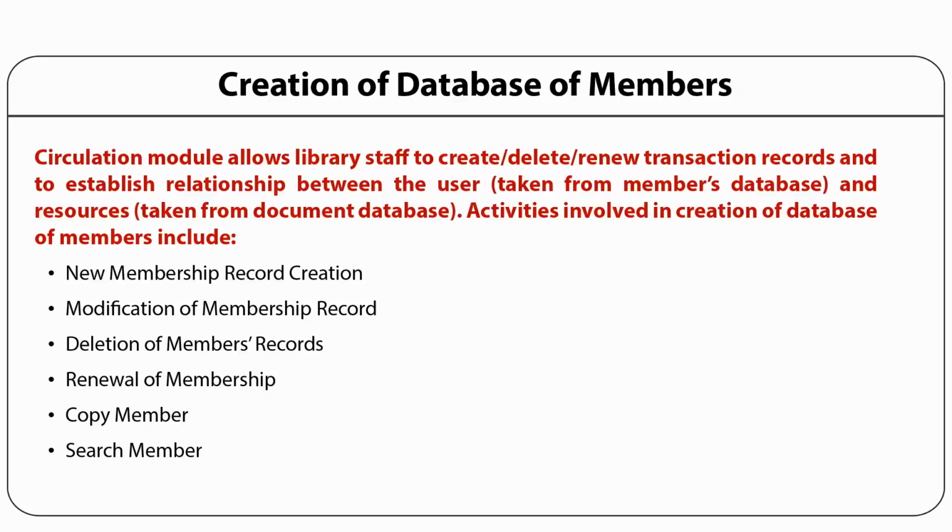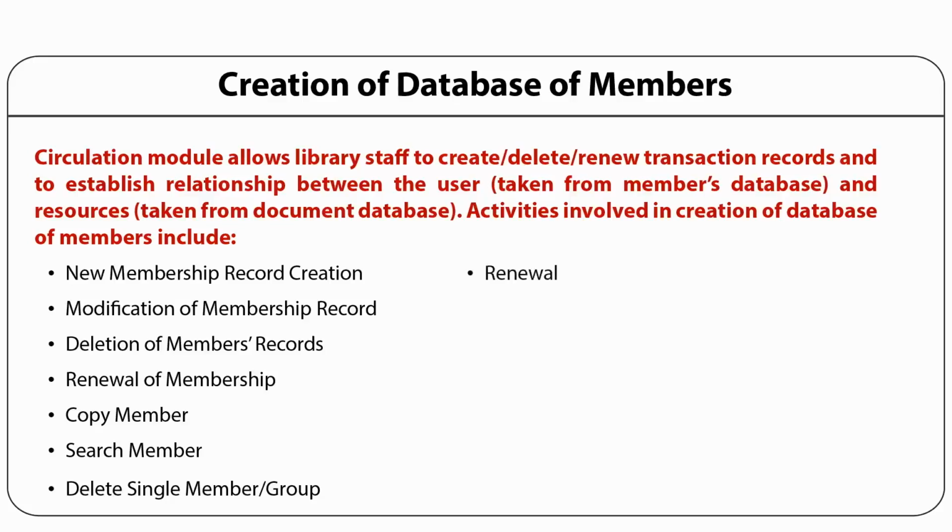In addition to that, member status, that is privileges, items issued and reserved, can also be searched through the online catalog by entering the member code or ID. Number 7. Delete single member or group. There are two options for this. That means for deleting the membership record, one can either delete a single member or delete the entire group of members.